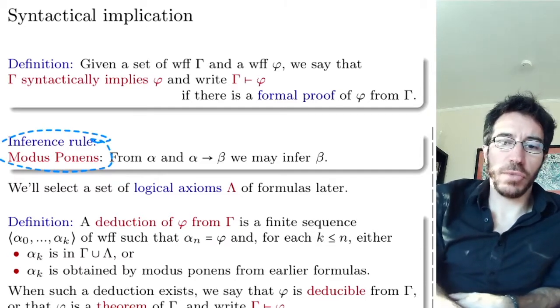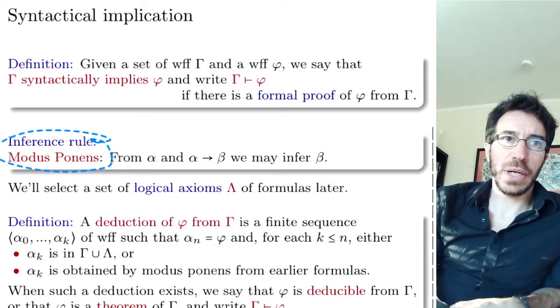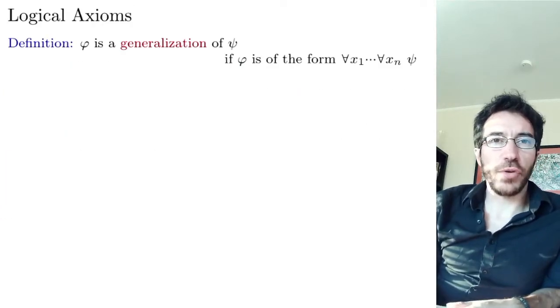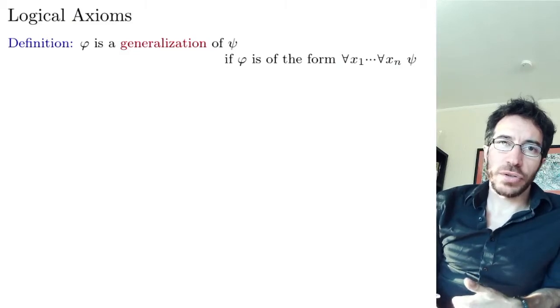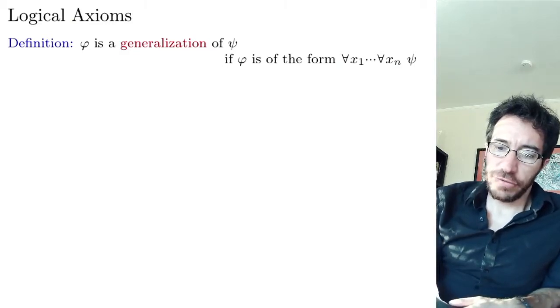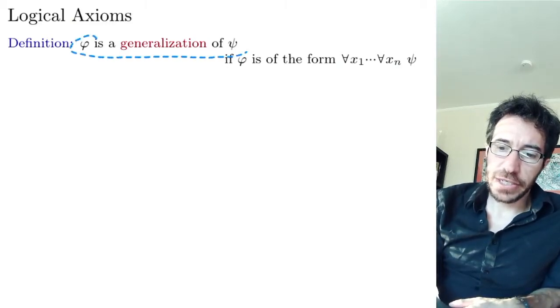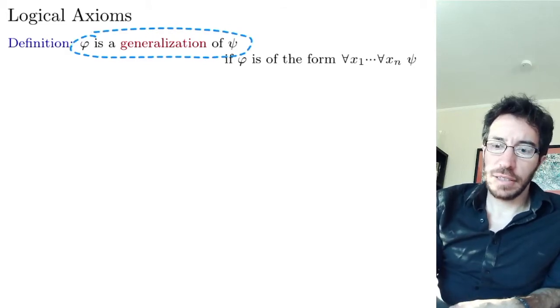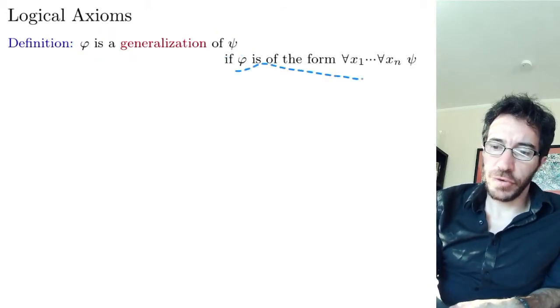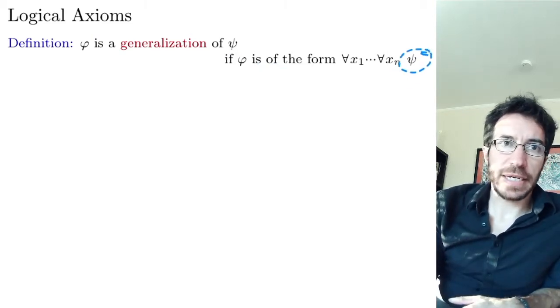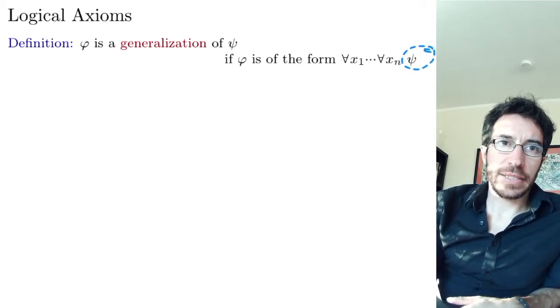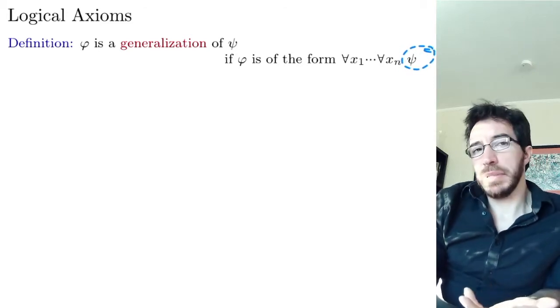Modus ponens is very simple. So what are the logical axioms? Before defining logical axioms, I need to define a notion. I just say that a formula phi is a generalization of a formula psi if phi is of the form for every x1, for every xn, psi, where x1 through xn show up inside the formula psi, probably as free variables, but maybe not necessarily.